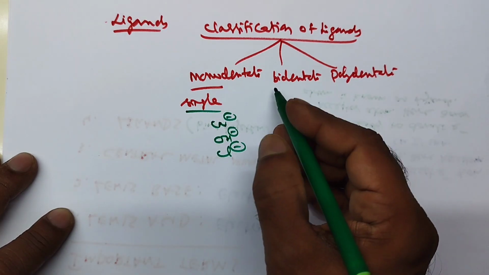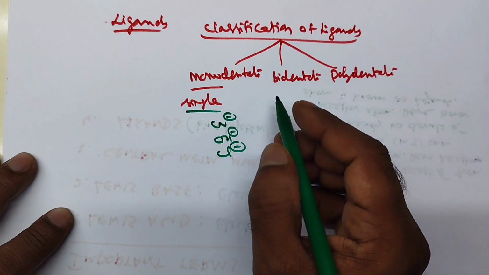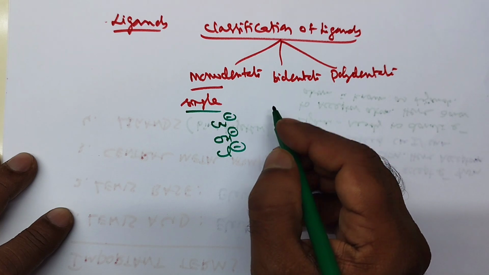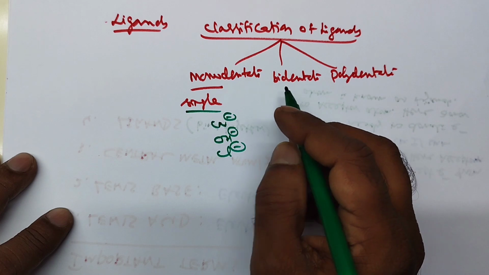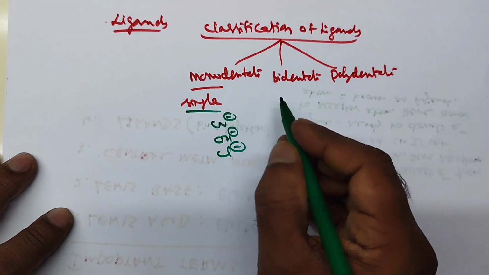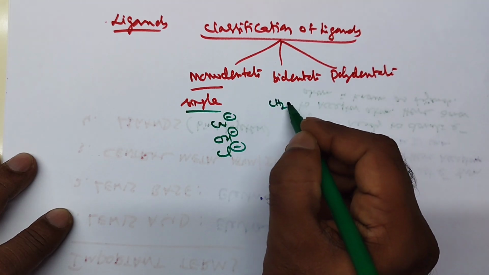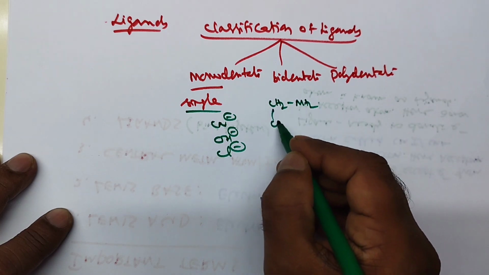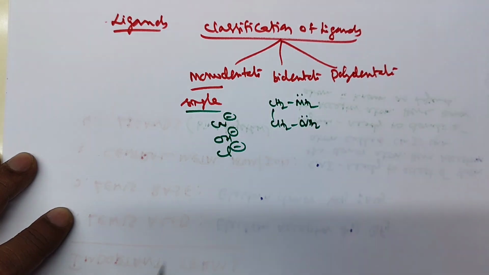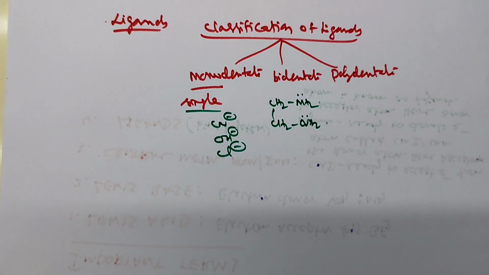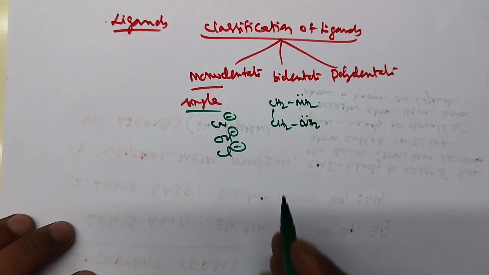Suppose it is a bidentate, what does it mean? A molecule which is having two. For example, CH2NH2, CH2NH2. Both nitrogen atoms have a lone pair of electrons. With the help of the lone pair of electrons, it can donate electrons to the metal atom. Therefore this is a bidentate.